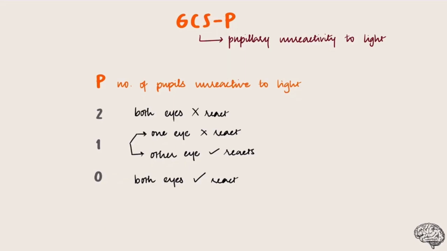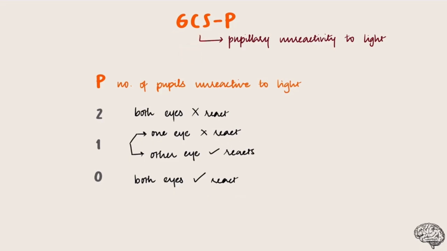Say a patient has a GCS of 13 from the previous score that we had measured, and only one of their eyes is reacting to light. That means that a P score of 1 and a GCS score of 13 is taken here.